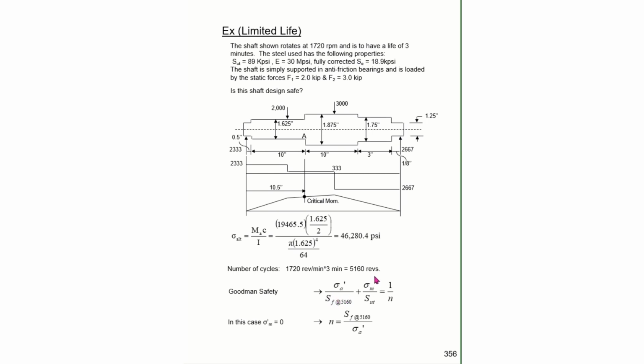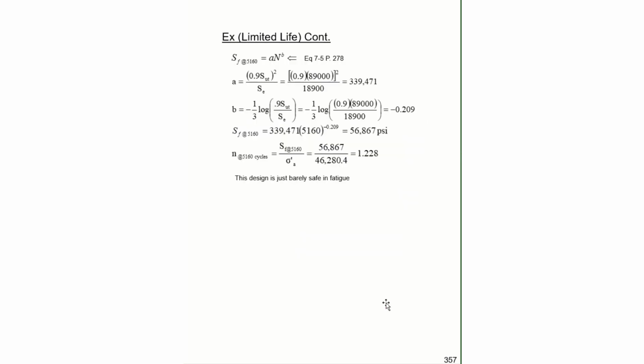Then my mean stress is 0, so that cancels out, and I can determine whether I have a safe design or not by computing my safety factor N. So SF at 5160 cycles is given by A times N to the B. I can solve for A and I can solve for B, and then I can compute the SF and get 56,867.